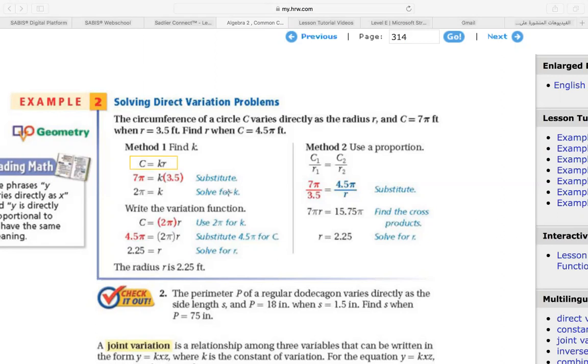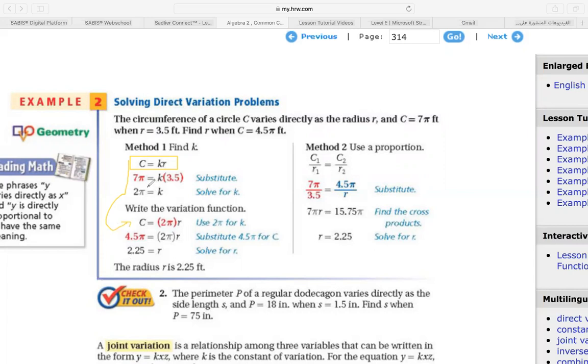Now I'm going to write the variation function again, C is equal to K r, but with the new givens. Find r when C is 4.5 pi. C is equal to K r, and I'm going to substitute the value of K with 2 pi.